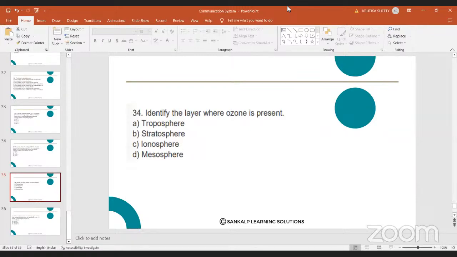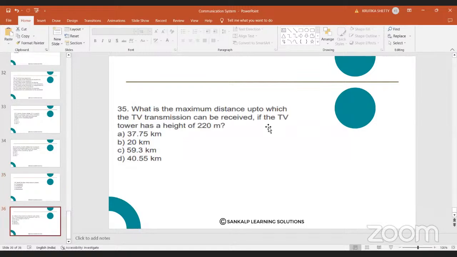Then the last question from this slide. What is the maximum distance to which the TV transmission can be received if the TV tower has the height of 220 meters? Then we will go for the previous year questions. So what is the answer for this? You tell me.